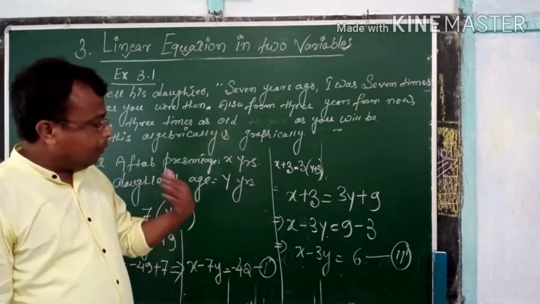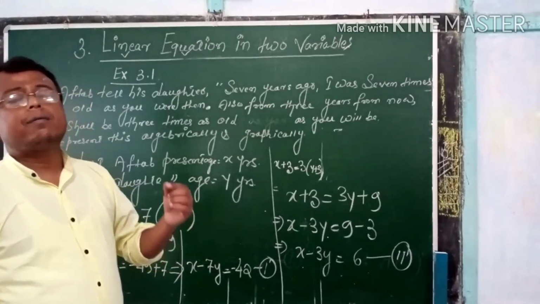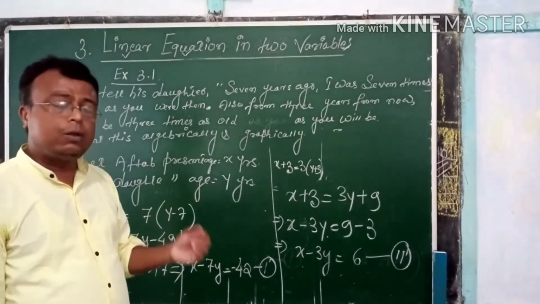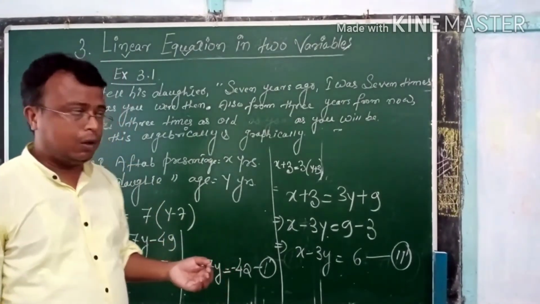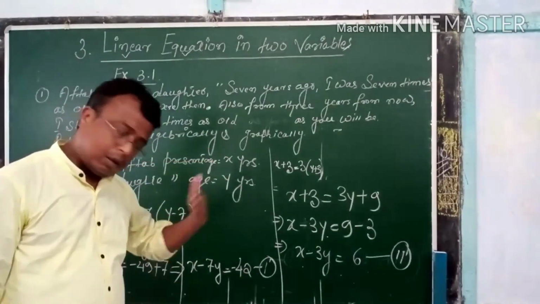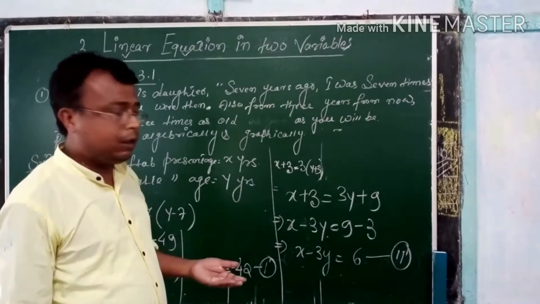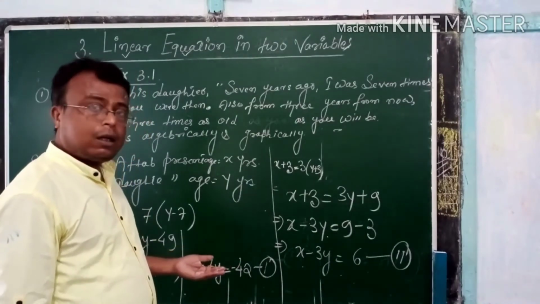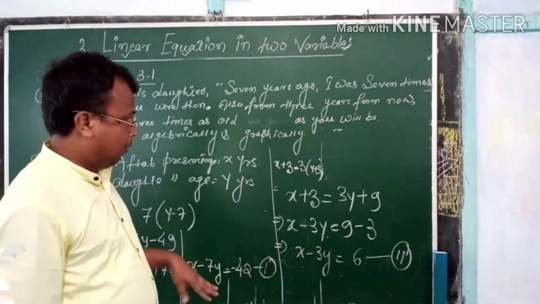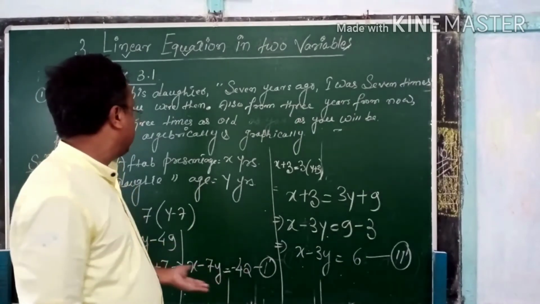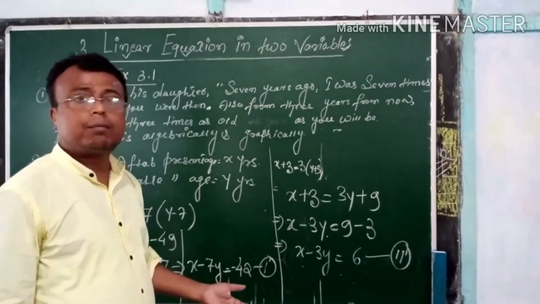While drawing the graph, try to avoid fractional numbers. Take whole numbers only. So that graph you have to draw and submit it through my WhatsApp. Now we will go for the next question, question number 2.